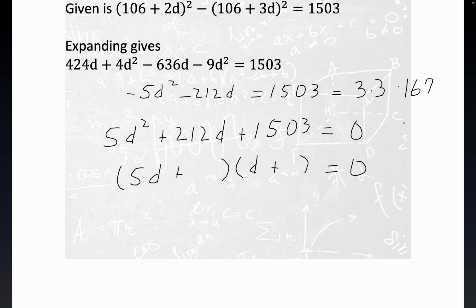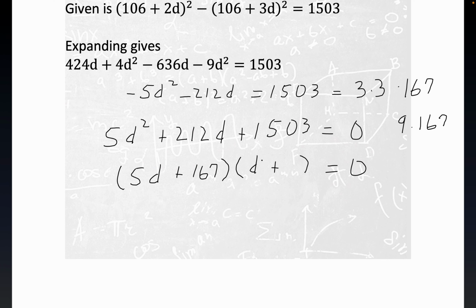We could try 9. This is 9 times 167, the prime factorization. So if we need to get 212 in the middle, we would have to put the 167 in this position, right, folks?